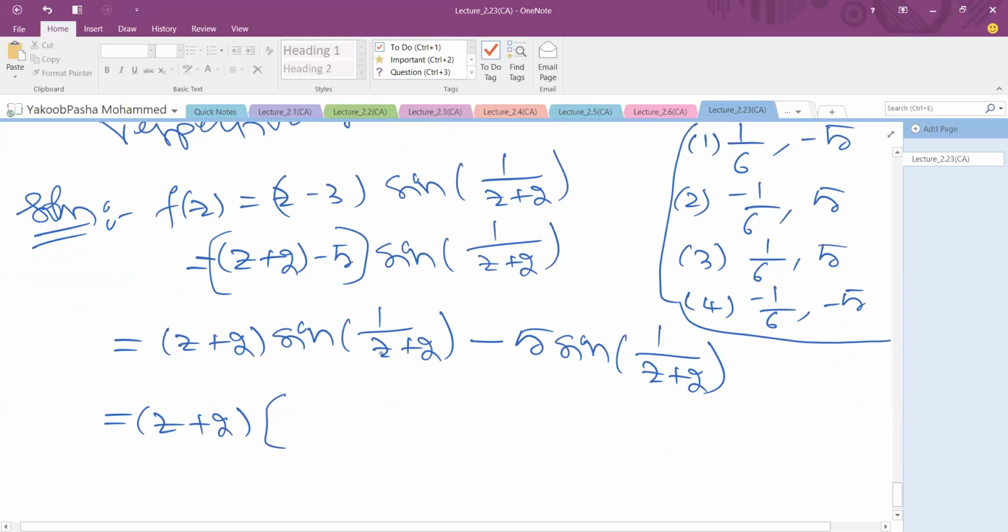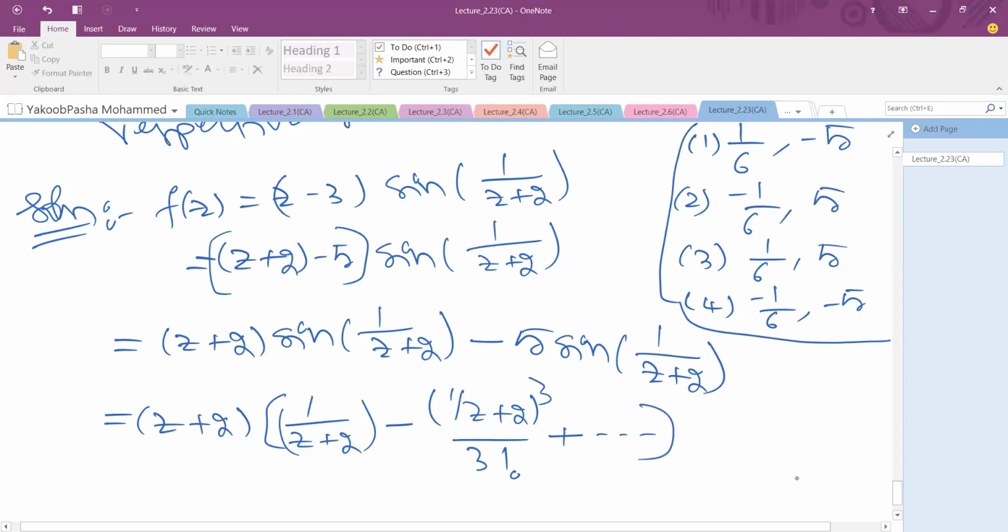Okay, there is z equal to 1 by z plus 2. Z minus z cube by 3 factorial plus z power 5 by 5 factorial minus z power 7 by 7 factorial, like that. So 1 by z plus 2 minus 1 by z plus 2 whole cube by 3 factorial, z plus 2 whole to the power of minus 2 appears here, so two terms are enough, plus and so on.